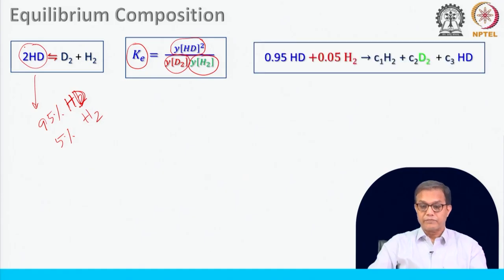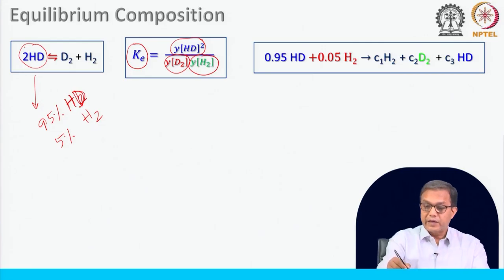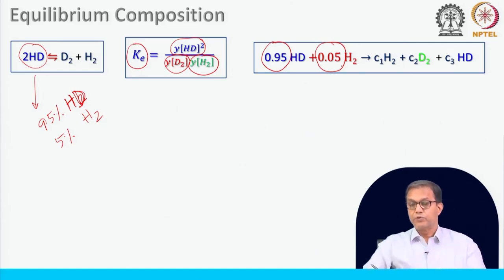So, this reaction would be something like this, and if, as I told you, 95% is hydrogen deuteride and 0.05 is the composition of hydrogen, what would be the composition of C1, C2 and C3?